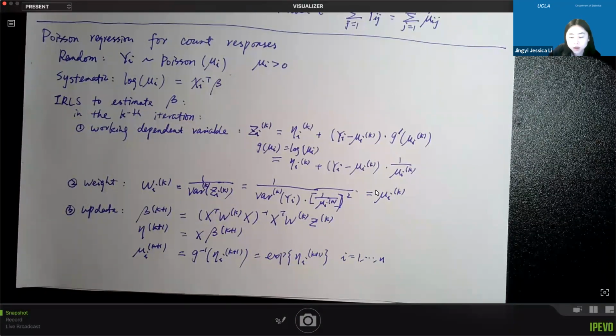So we know that the Poisson distribution can be regarded as an approximation of the binomial distribution. Probably I should write it here.